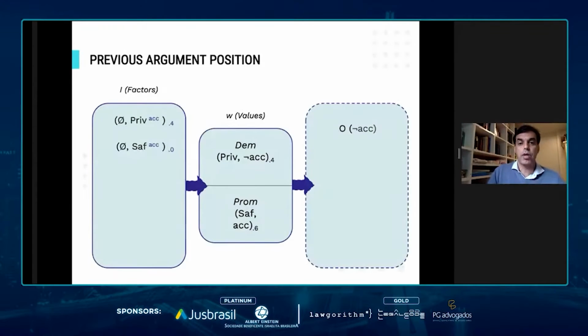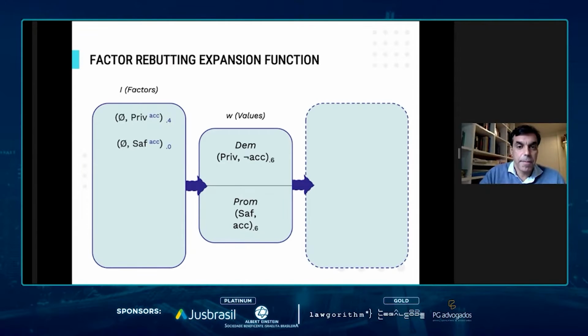So let me show how this could work in the example. Suppose we have this previous argument position, and then we have as values promoted privacy and demoted privacy and promoted safety. And now we are going to add a new factor by a rebutting expansion function.